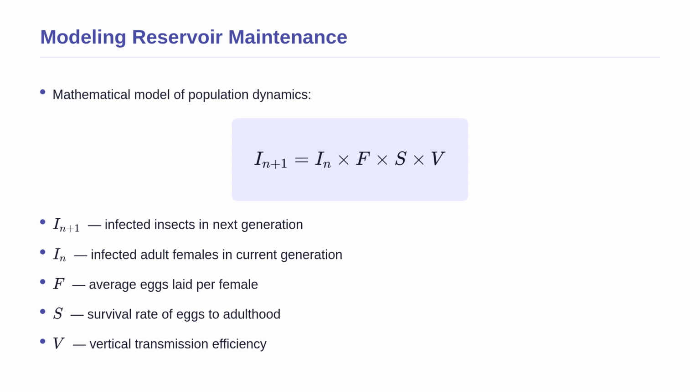F represents the average number of eggs laid by a single female. S is the survival rate of those eggs to adulthood, expressed as a decimal. Finally, V represents the vertical transmission efficiency, which is the percentage of eggs that successfully inherit the pathogen from the mother. If either the survival rate or the transmission efficiency decreases, the number of infected offspring will drop significantly.